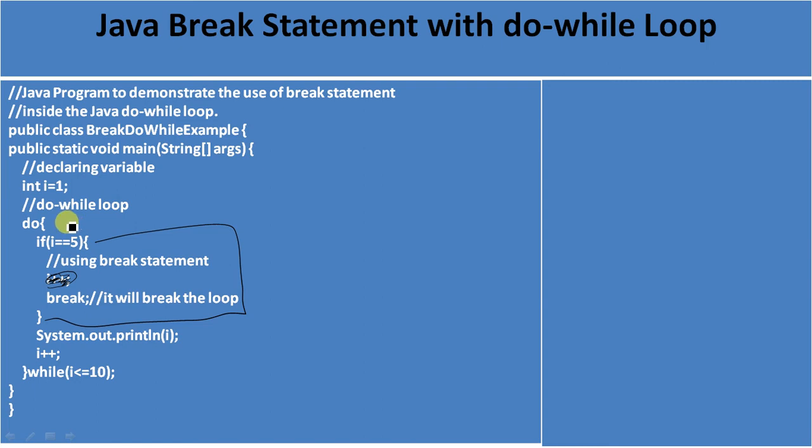By using a do while loop, do System.out.println i and i plus plus, and in the while loop you will put some condition. But if you want to break the loop when i value is 5, then you put one condition: if i equal to 5, and in this if condition you call the break statement, so it will break the do while loop. Okay, let me show you.